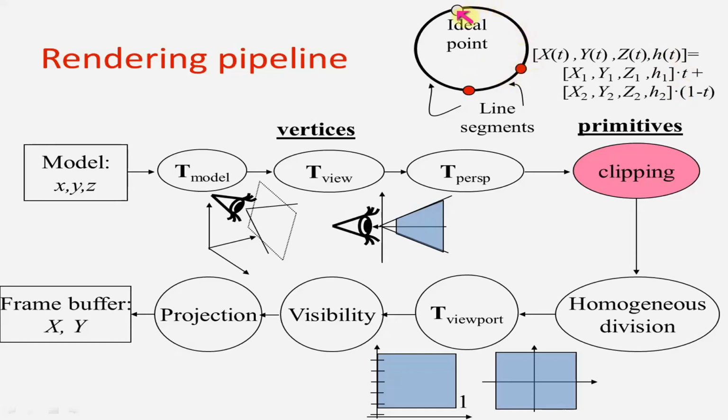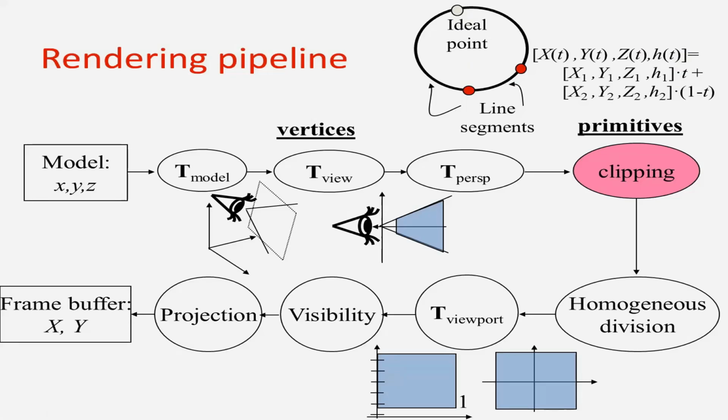Recall that we can recognize a point to be ideal if its homogeneous coordinate h is equal to 0. Affine transformations usually do not alter the homogeneous coordinate, so normal line segments remain normal. Perspective transformation may map a line segment to a line segment that contains the ideal point, which is clearly indicated in the different signs of the homogeneous coordinates of the two endpoints.